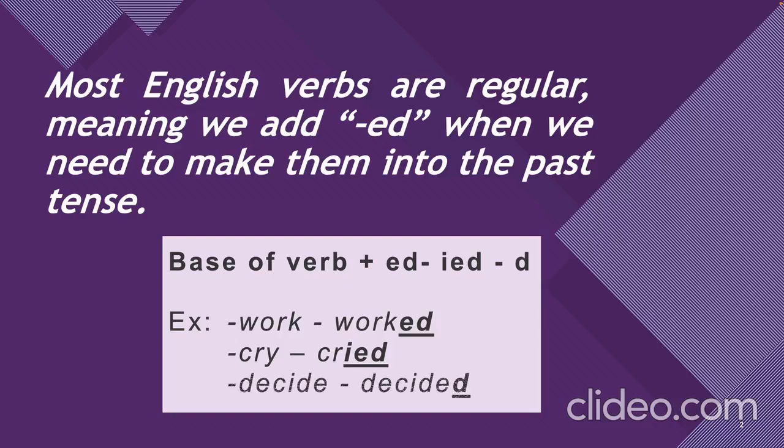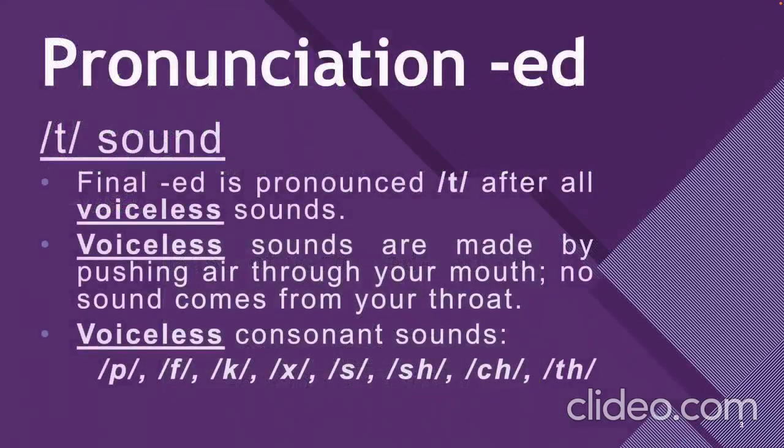Then we have decide, for example. In this case, we have an E ending, so we just add the D: decided. Great. So let's take a look at how we need to pronounce them. Pronunciation, T sound.